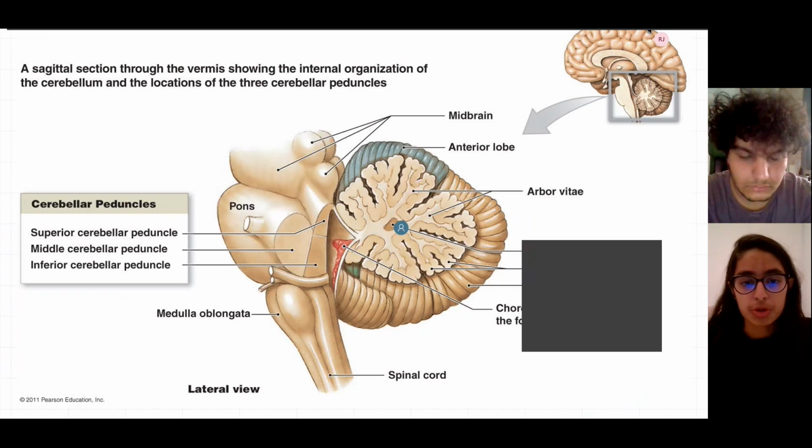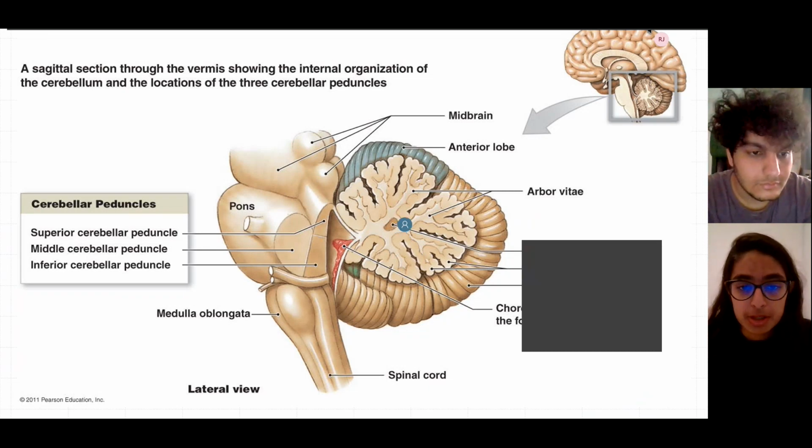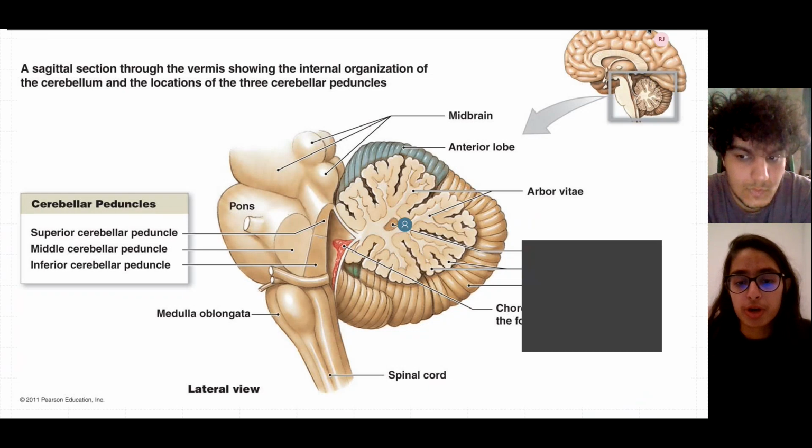The inner layer is what we call the arbor vitae, mainly because it resembles the branches of a tree, and arbor means tree and vitae is life. So we also call the cerebellum the tree of life. This part is composed of white matter, and it's where all of your cerebellar nuclei are present.